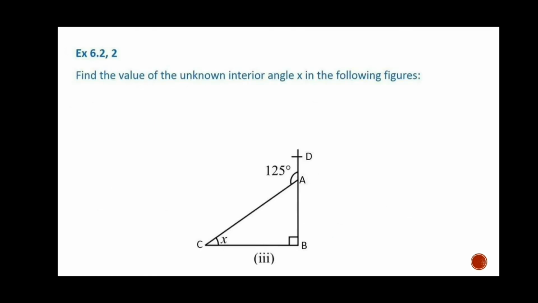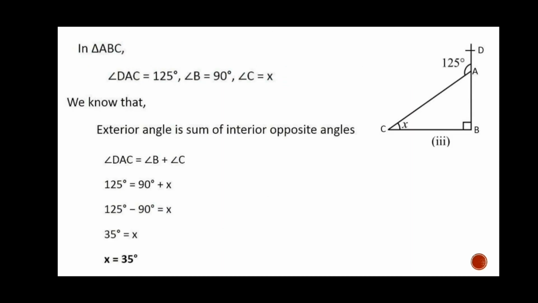Now the third part of this question is again to find the exterior angle x. Now you can see this is quite a different picture. Here the other interior angle is not given, but you can see it is perpendicular and there is a symbol of 90 degrees. So the value of angle B is 90 degrees.